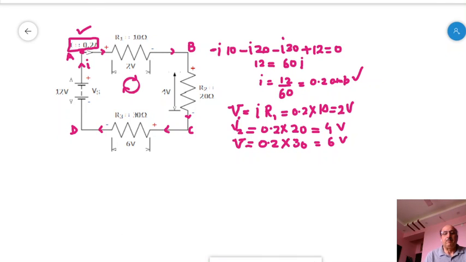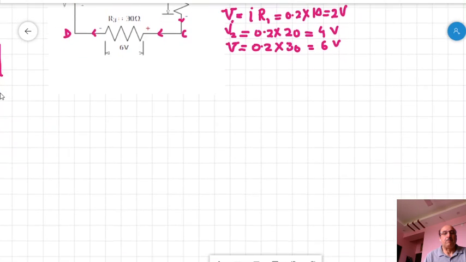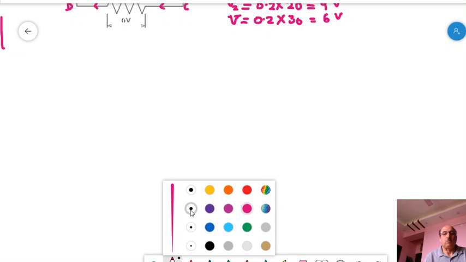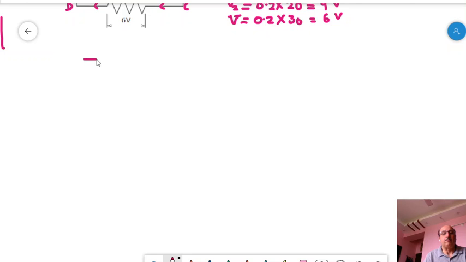Let us try an equation for another circuit. Now let us take here a circuit like this one.